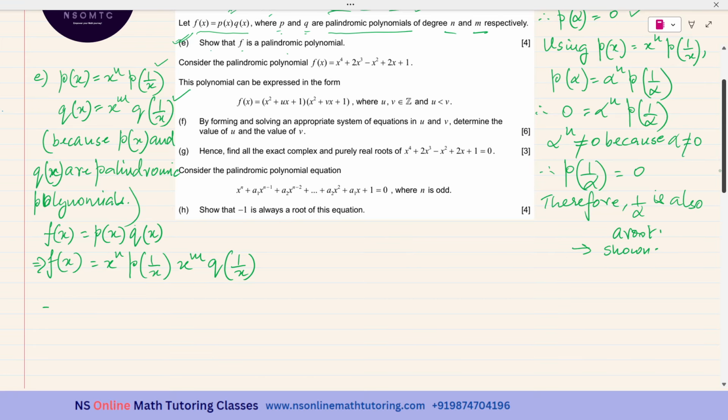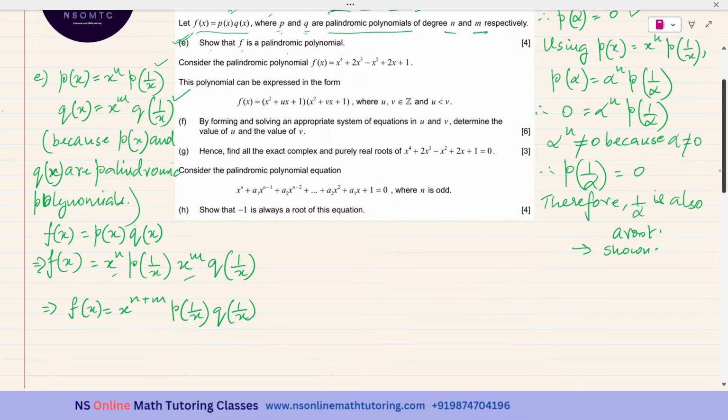So f of x is equal to x to the power of n plus m, or m plus n, times p of 1 over x times q of 1 over x.